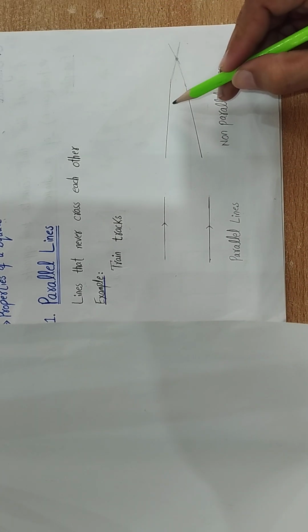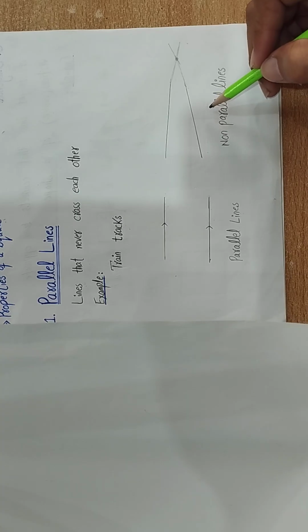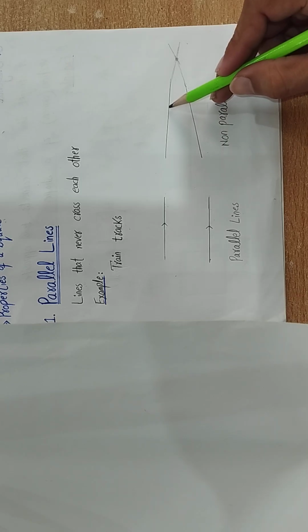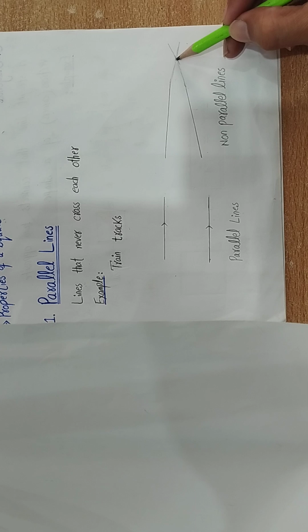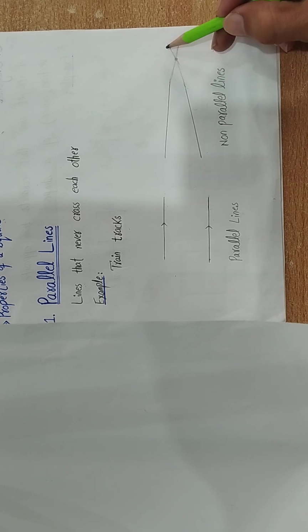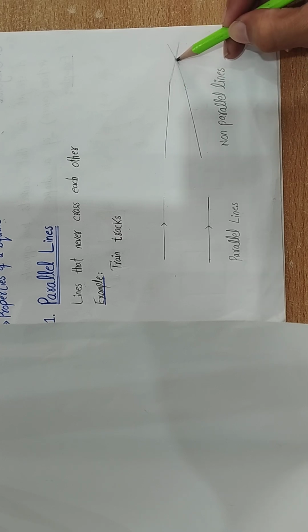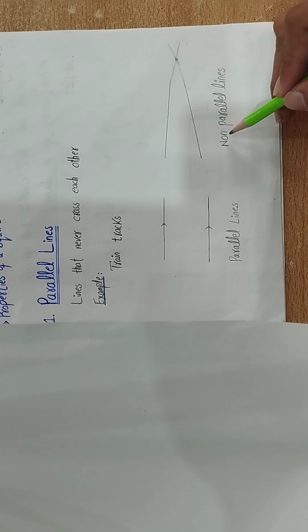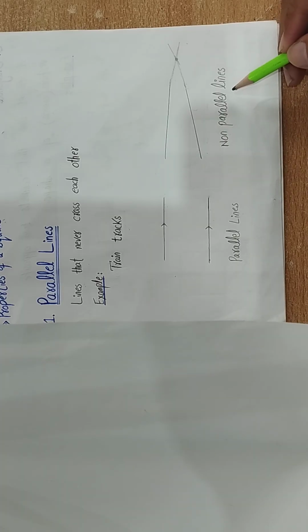Therefore these two lines are non-parallel lines, because parallel lines are the lines that never cross each other. If we extend these lines, they are crossing at this point. It means these two lines are non-parallel lines.